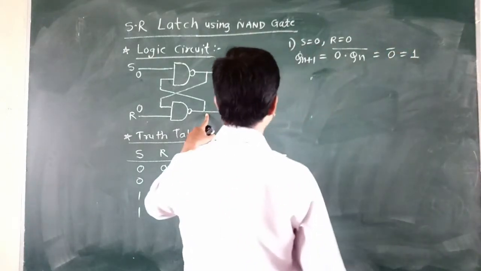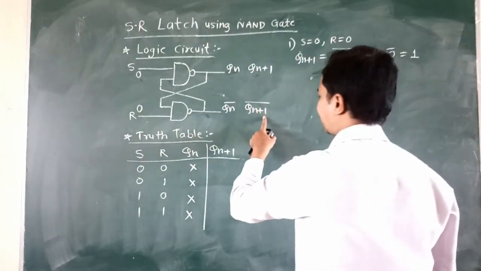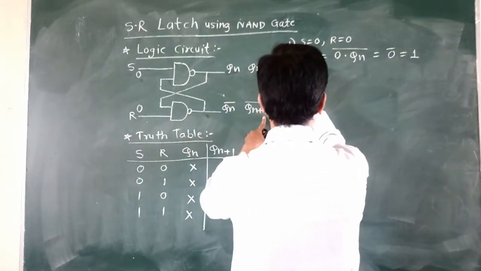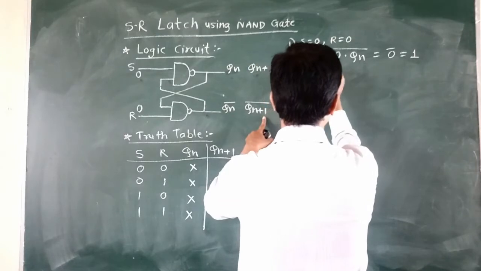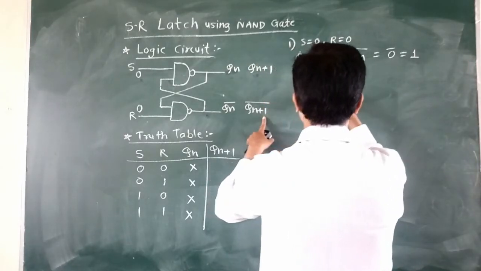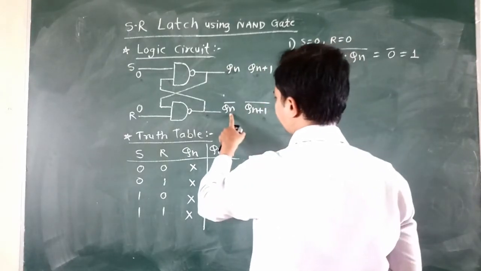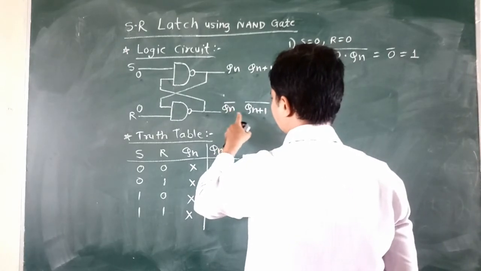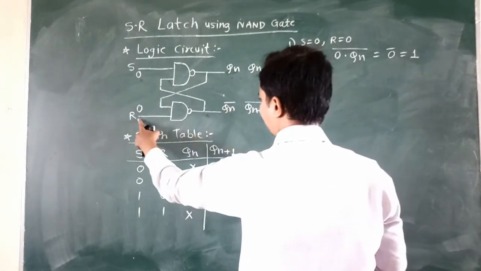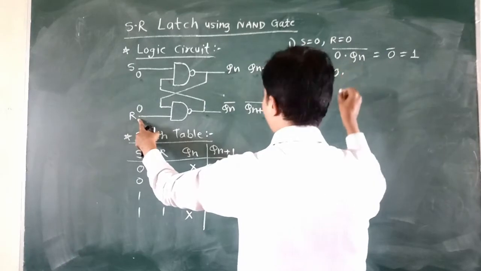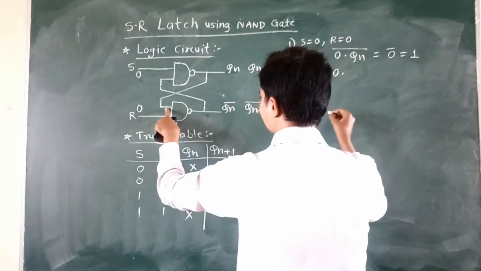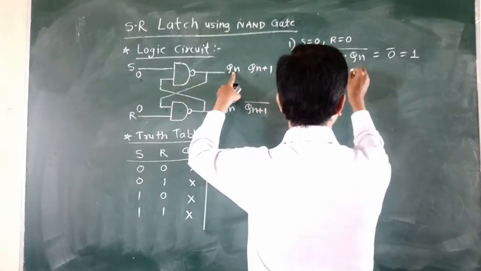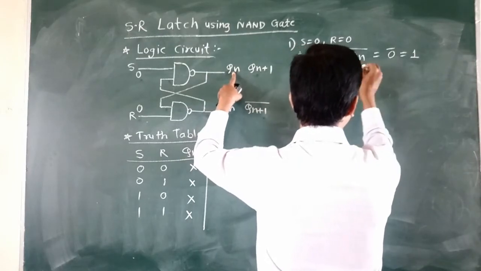Now we will obtain the next state Qn plus 1 bar. Qn plus 1 bar is the NAND of Qn bar and R, where R is 0, dot means this AND gate, and this input is coming from Qn whole bar.